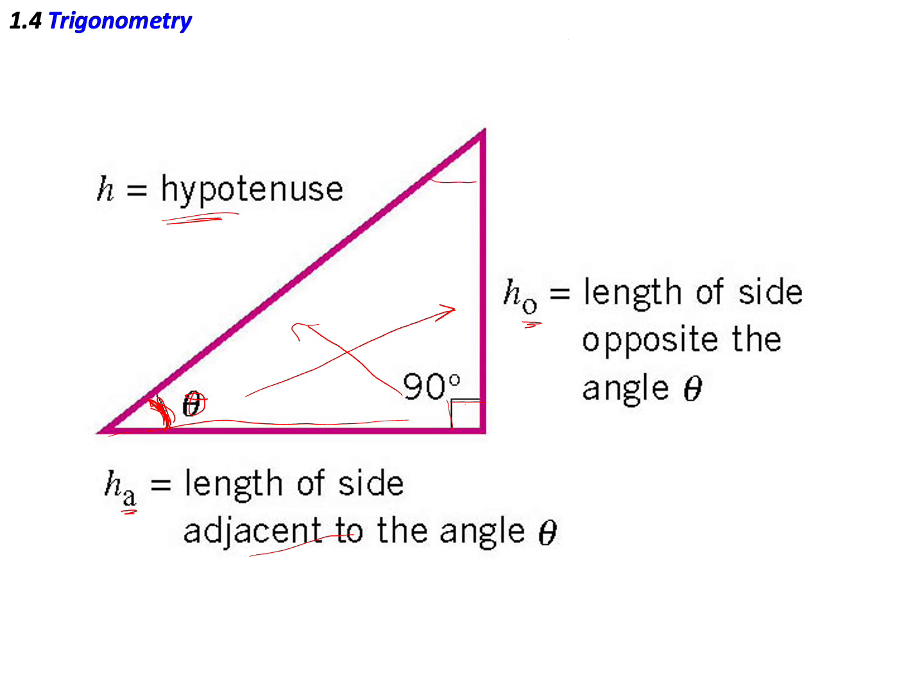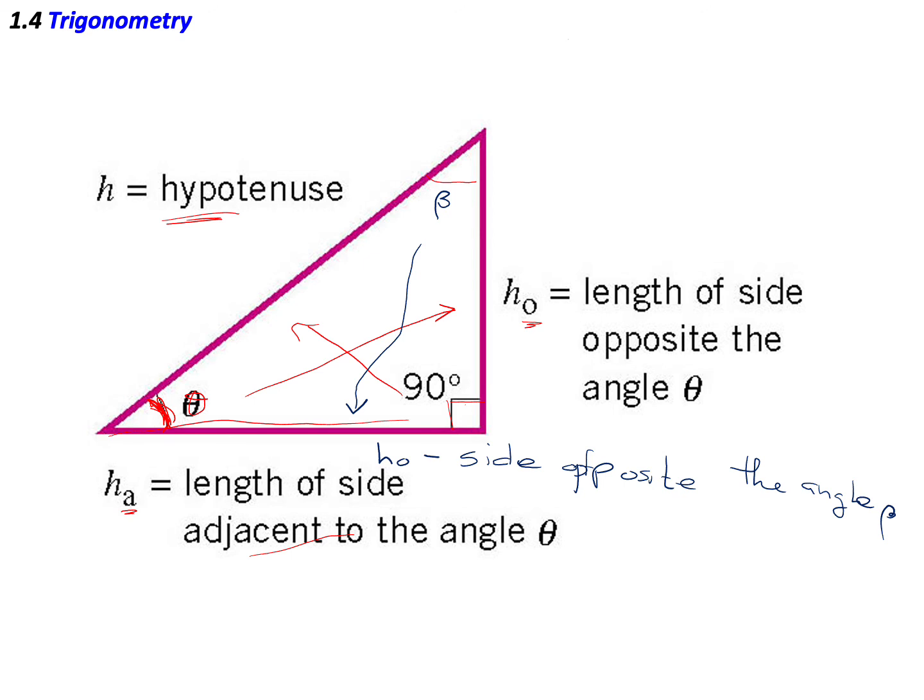So if you use this one, let me use a different color. Let's say this is beta, so this side is HO, opposite to this angle, the side opposite to angle beta.